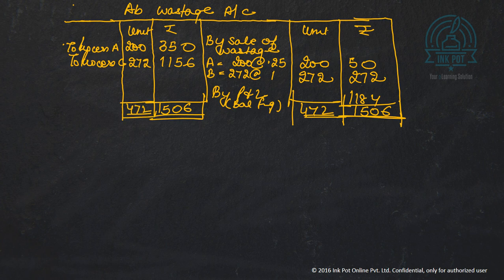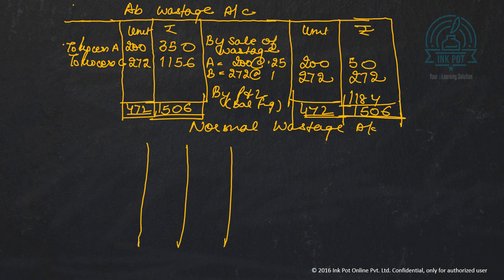Similarly, we will prepare normal wastage account. Again the format is the same: units, amount, units, amount.